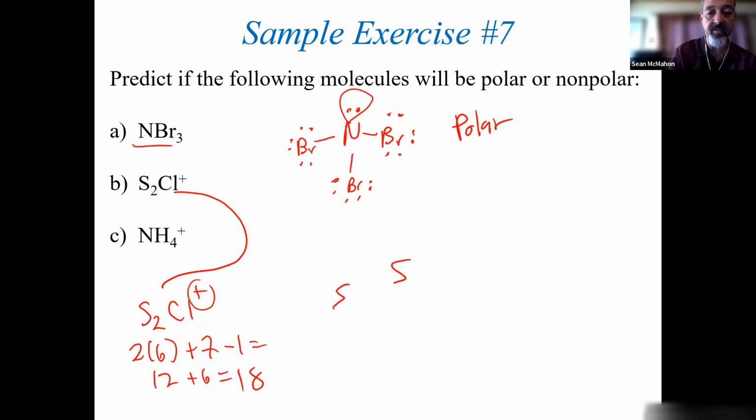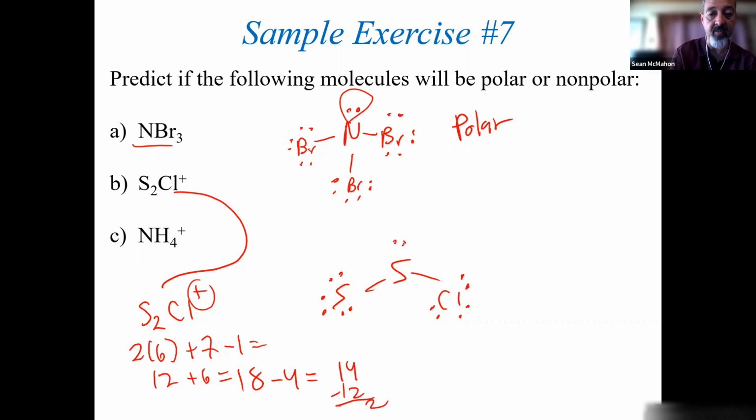Sulfur is in the middle, and then I have my chlorine. So 2 bonds uses 4, leaving 14 electrons. 1, 2, 3, 4, 5, 6, 7, 8, 9, 10, 11, 12. 2 electrons left.